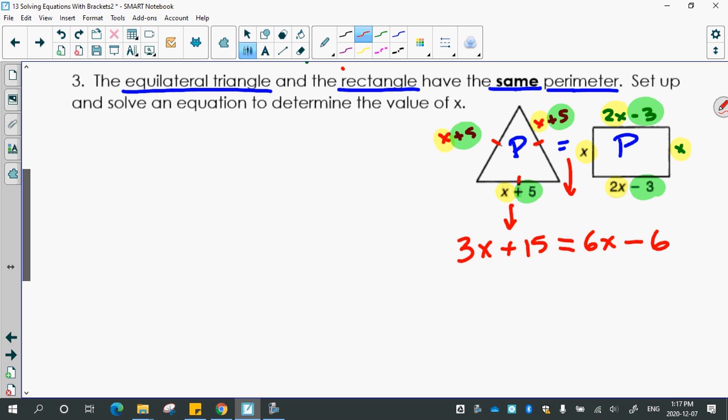So this equation means the perimeter of the triangle is equal to the perimeter of the rectangle. Okay? All right, so now I'm looking to see what I have to do to solve it. Are the x's on opposite sides of the equal sign? Yes. So I have to do something to get them together.